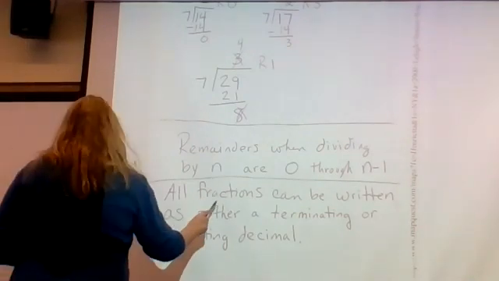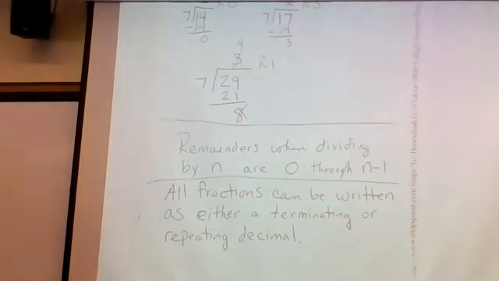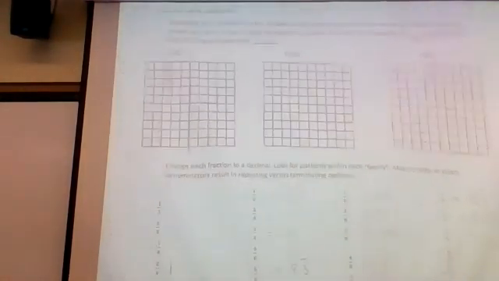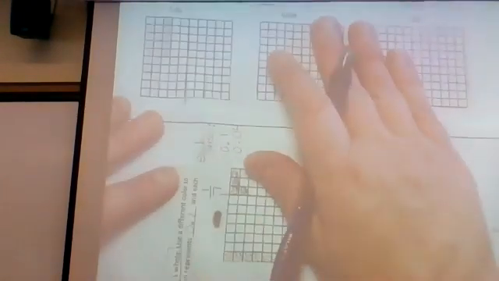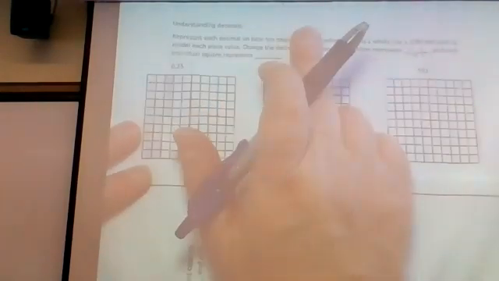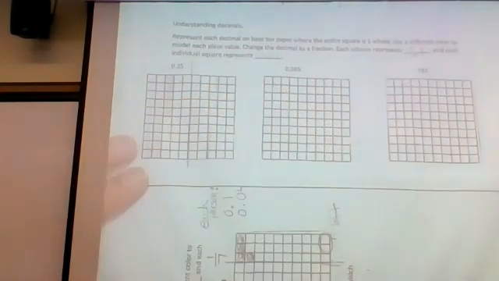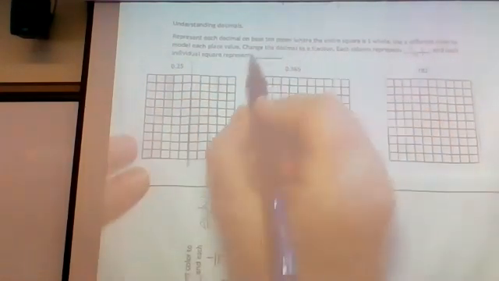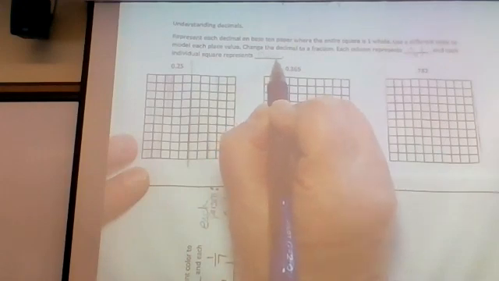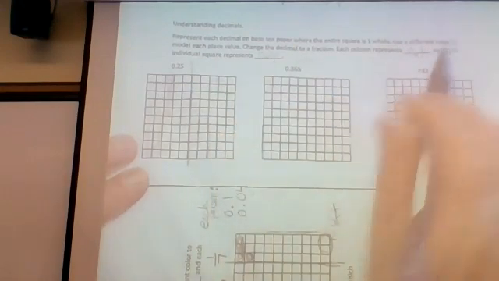So we start looking at this by going to the handout that I had told everyone to print. Each whole square represents one whole. That means each column represents 0.1 and each individual square represents 0.01, 1/100.